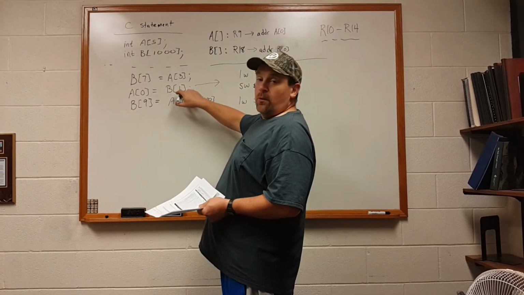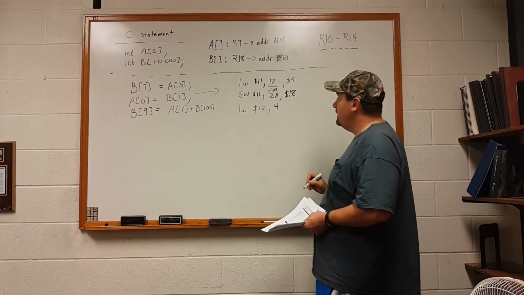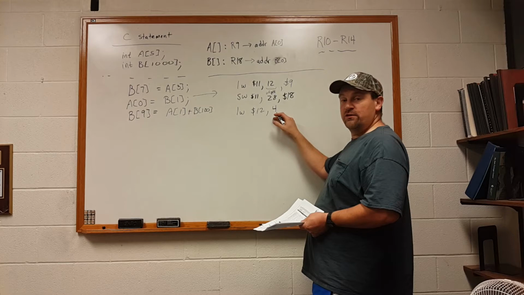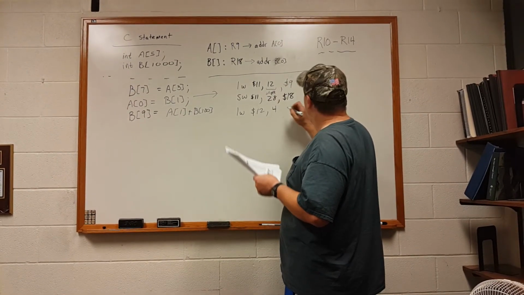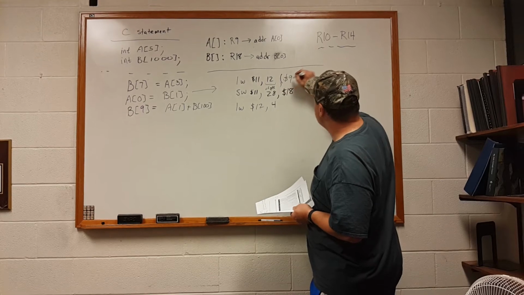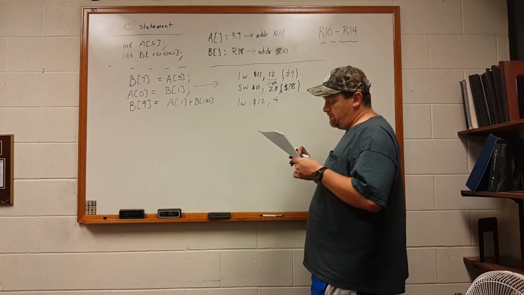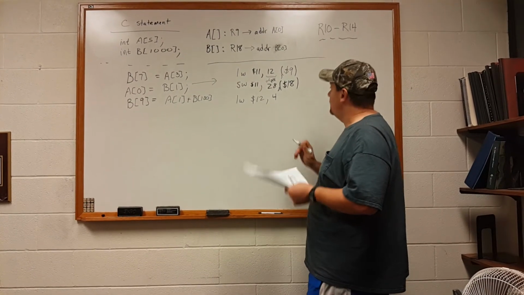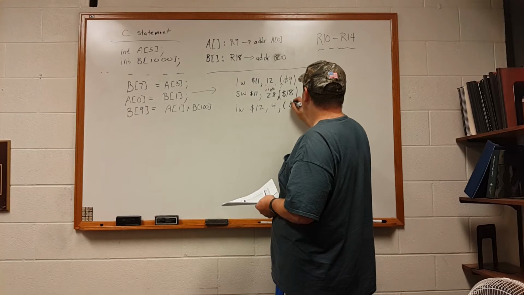B of 1 is 4 bytes beyond the base of B, so we're going to have 4. 4 is the constant. Now, and I forgot to mention, these have parentheses around them according to the MIPS assembly language. So 4, then the register.